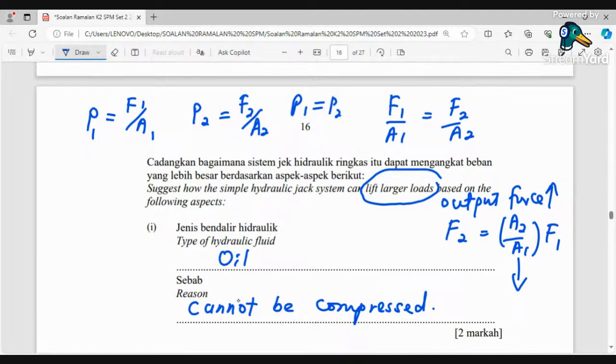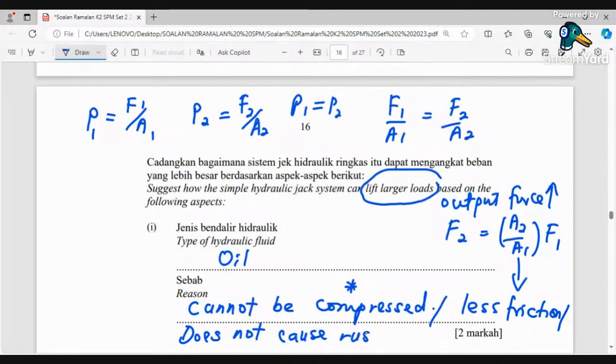That's why we need the liquid used cannot be compressed or incompressible. Okay, banyak reason lain. Sebab dia less friction, okay, does not cause rusting, tidak berkarat, sebab tu kita guna oil.